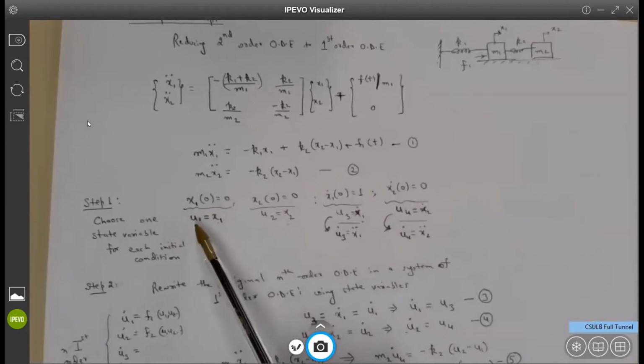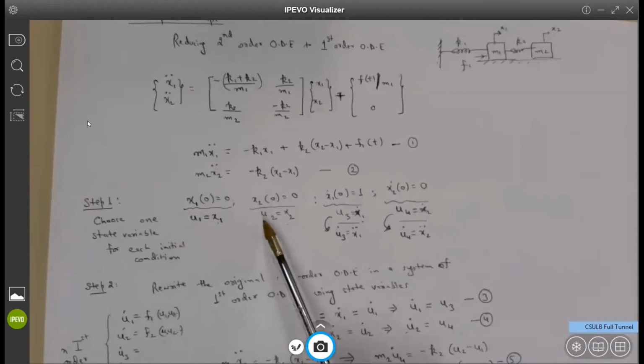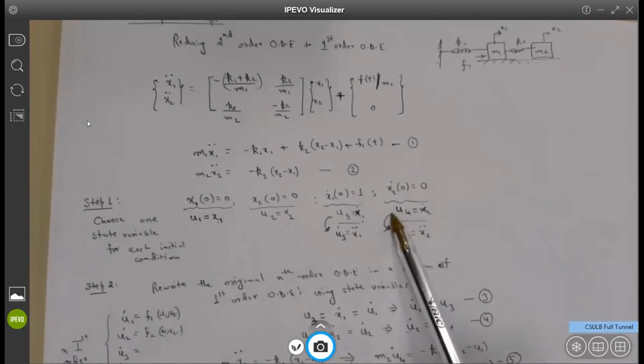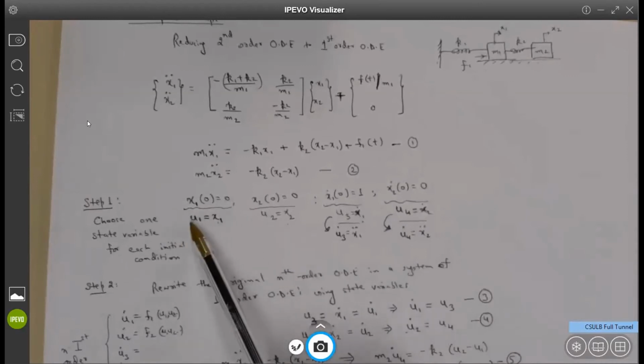So I say U1 is equal to X1, U2 is equal to X2, U3 is equal to X1 dot, U4 is equal to X2 dot. X1 dot means the velocity of mass 1 and U4 is the velocity of mass 2. Now, if I take a time derivative of U3, I will get U3 dot as X1 double dot. And if I take a time derivative of U4, I will get U4 dot as X2 double dot. So eventually I have U1, U2, U3, U4.